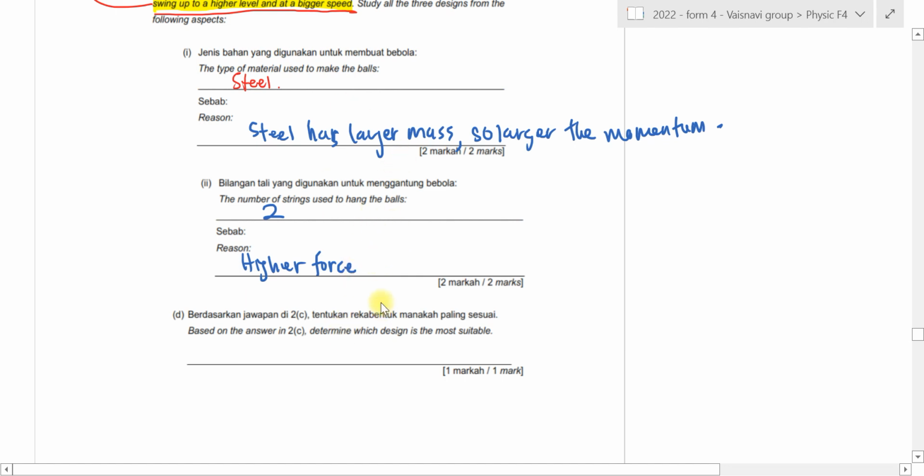Higher, to produce greater impulse. Kita cakap impulse ke impulsive force? Okay, impulsive force. Okay, to produce greater impulsive force. So which one is suitable?